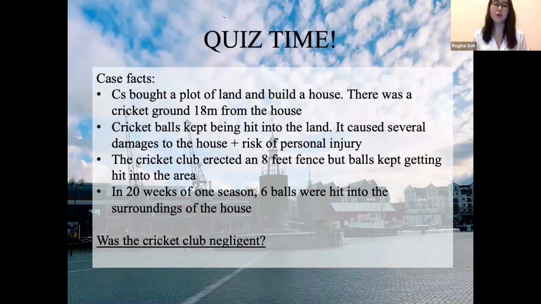In 20 weeks of one cricket season, 6 balls were being hit into the surroundings of the house. So obviously the claimants who bought the plot of land, built and owned the house, sued. So I just want to ask what you think, and whether you think the judge held that the cricket club was negligent or not.